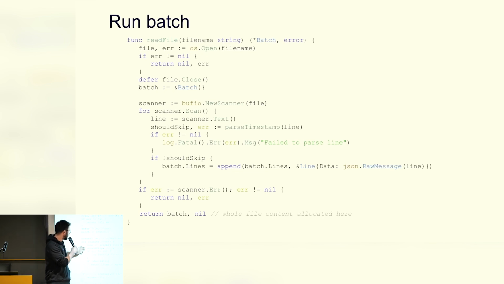We apply the business logic here, filter out some lines, and then we put it into a big struct batch, into the line slice, and we return the whole batch from the function, and then we upload it to some server. That's the gist of it. This function is important because it's the one which is most memory heavy, and that's what we will be dealing with, basically.